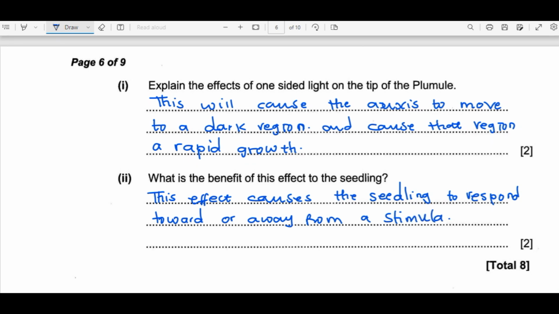So you know that if it responds toward a stimulus, that is known as a positive. If it is away, we have a negative. So that's the point here.